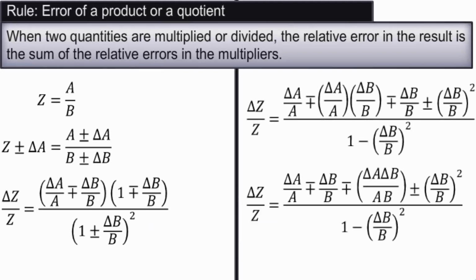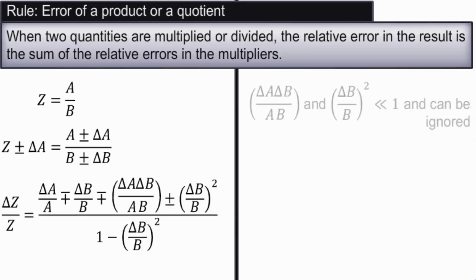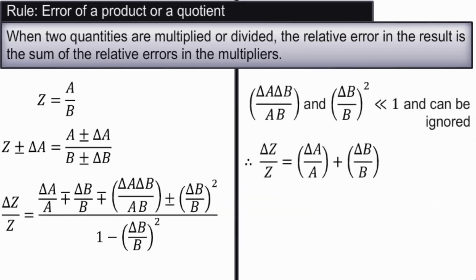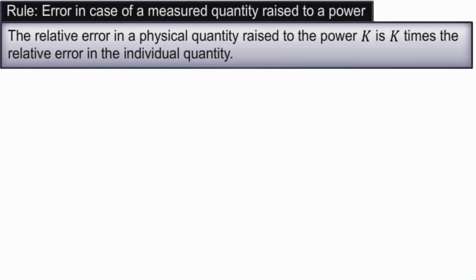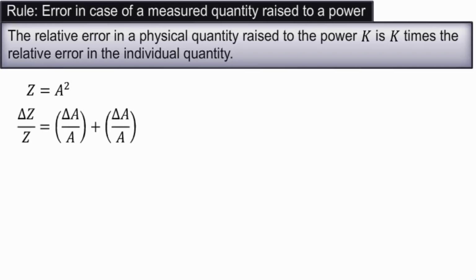The relative error in a physical quantity raised to the power k is k times the relative error in the individual quantity. If z = a², then Δz/z = Δa/a + Δa/a = 2 Δa/a.